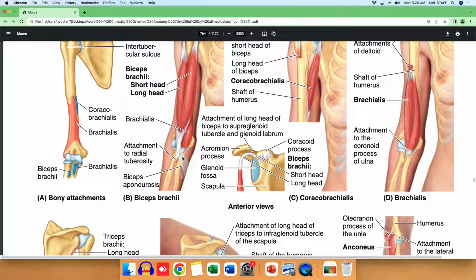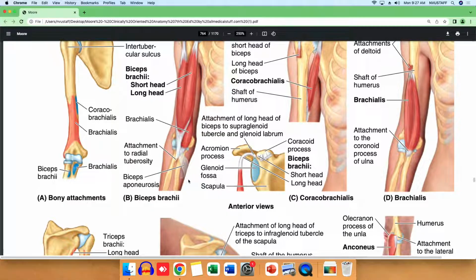So this is the aponeurotic type of attachment, which is blending into the fascia, to the part of the deep fascia here.